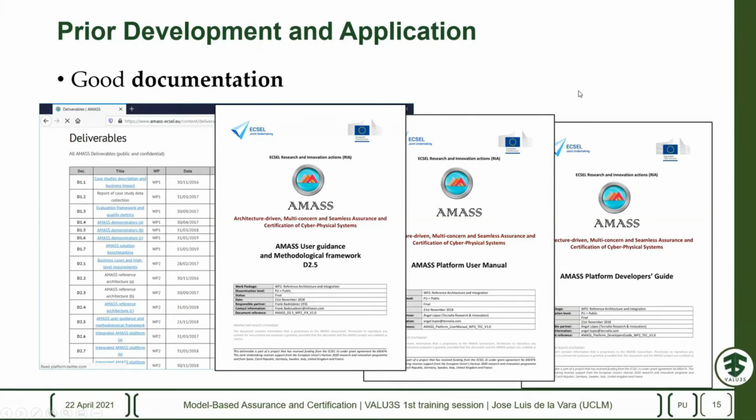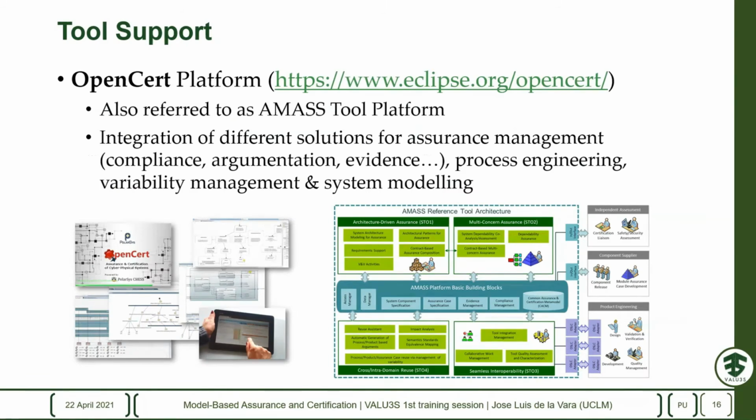So this also contributes to helping the user apply the method. There exists an integrated platform, which is called OpenCert, sometimes referred to as the AMASS tool platform, that supports the application of the method. I don't have time to go into details, but as I will say now, you can find a lot of information in other sources.